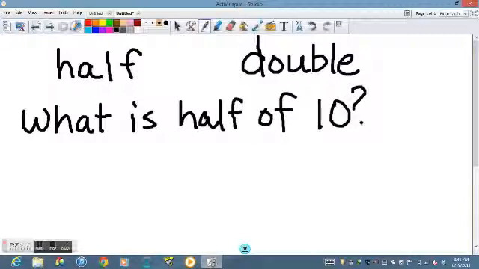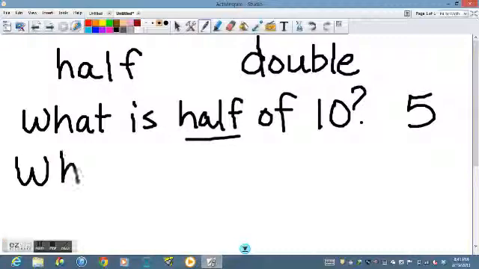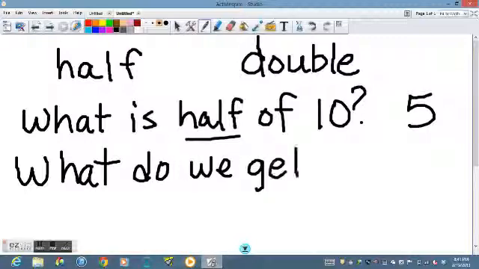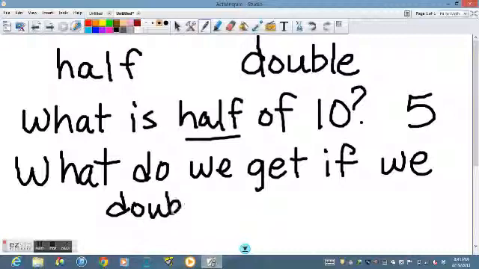Okay, so if you take half of 10, if you had 10 pieces of candy and you gave me half, that would be 5. Alright, now what do we get if we double 8?